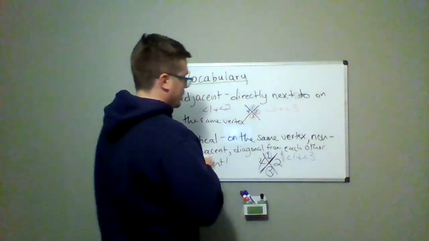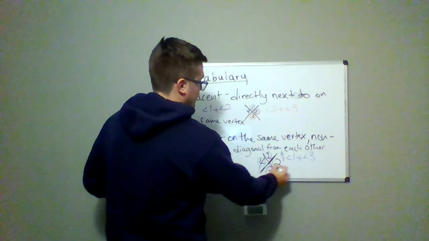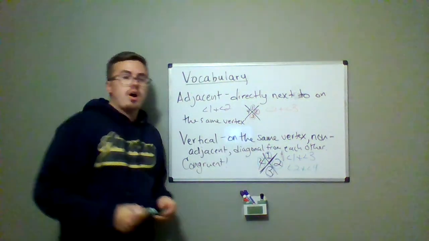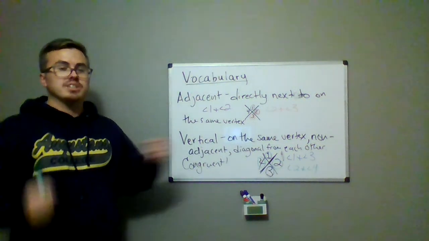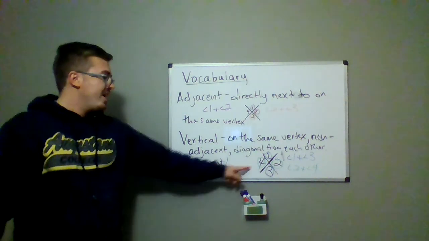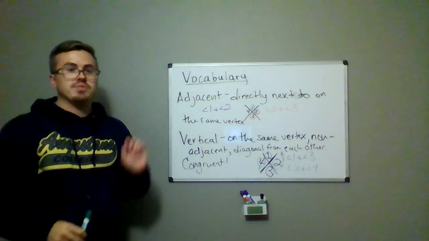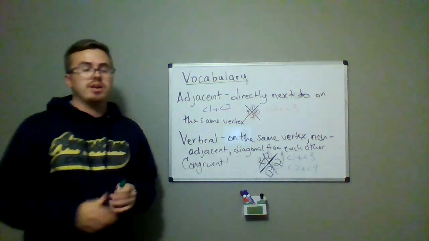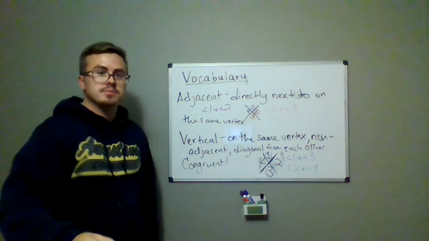Same thing if we look at 2 and 4. Angle 2 and angle 4 are also vertical angles because they're directly across from each other and they're non-adjacent. You have to go past the vertex to get them, or you have to go around another angle to get there.